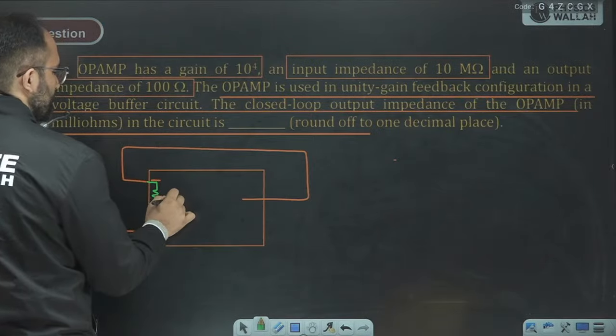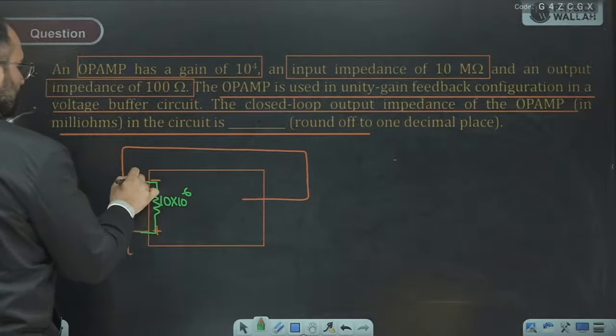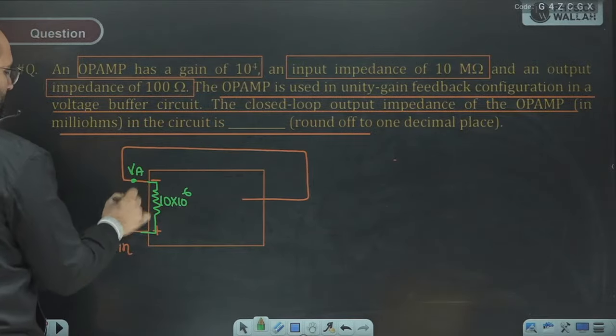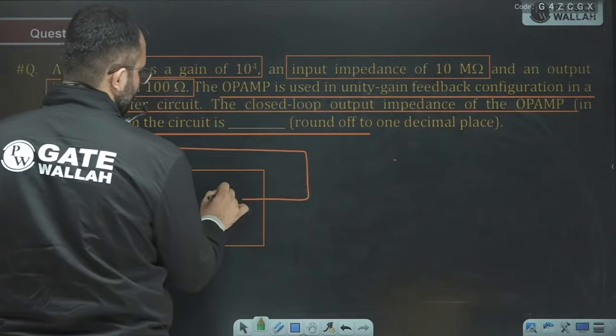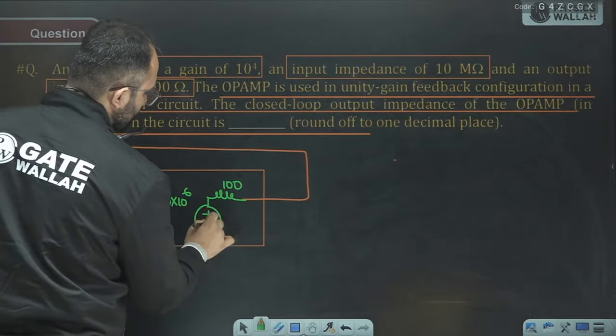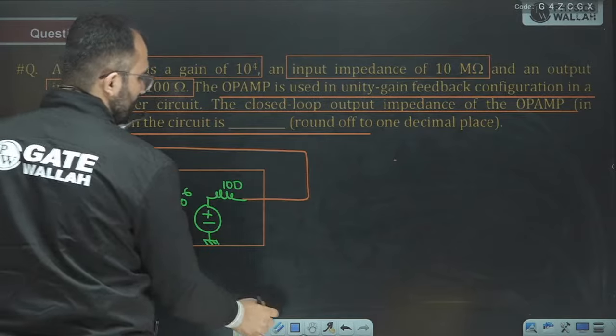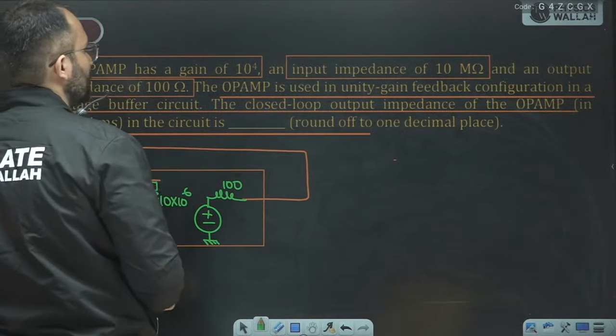So 10 mega ohm, 10 into 10 to power 6. Okay. This is your VA. This is your VB. At the output we have 100 ohms. Here the open loop gain is 10 to power 4.